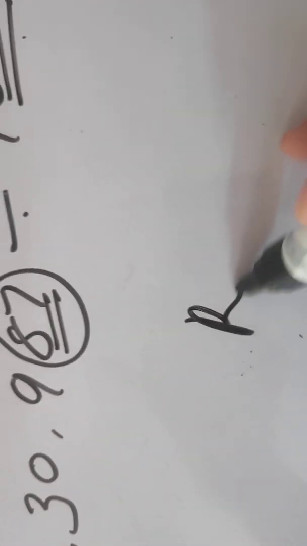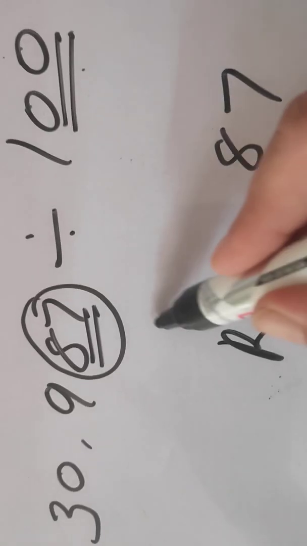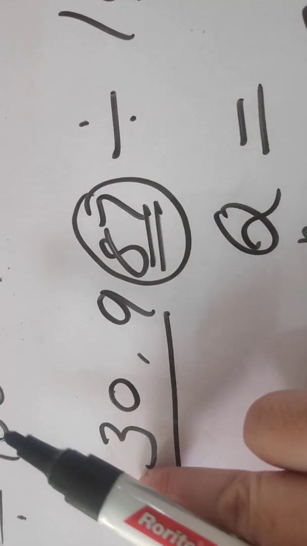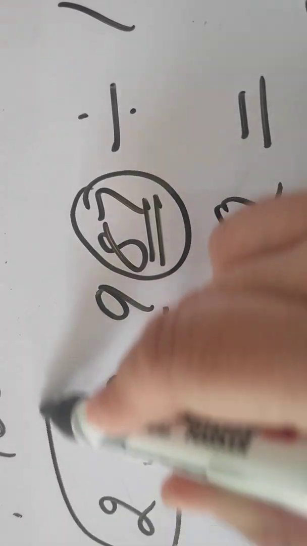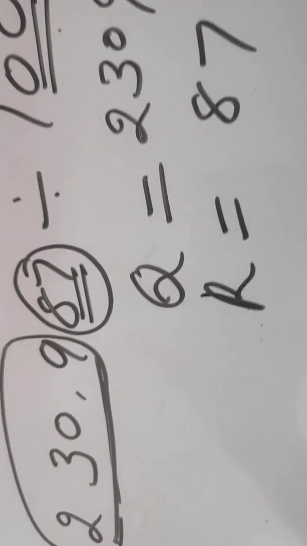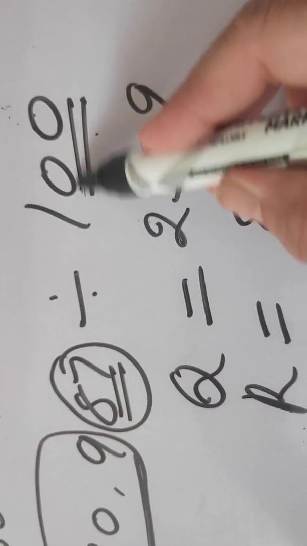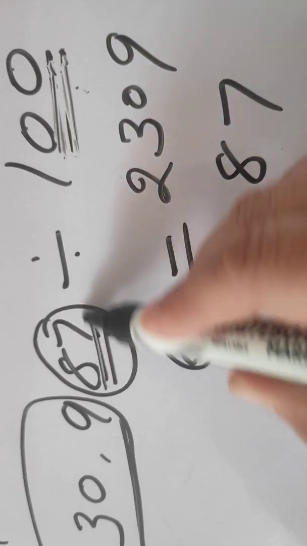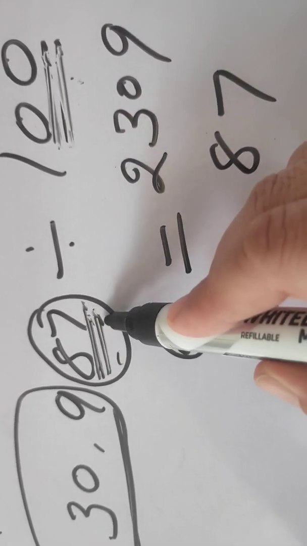You can write here remainder is 87. And the left out digits are 2,309. This will be your quotient. So 2,309 will become your quotient.